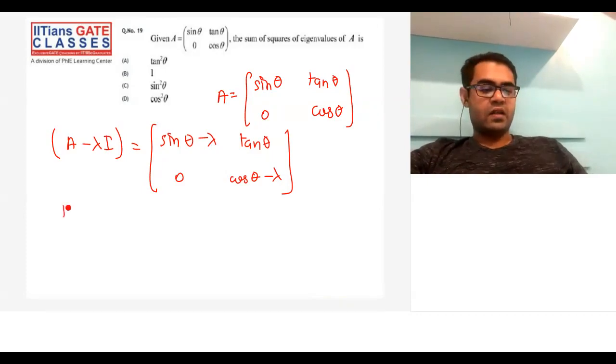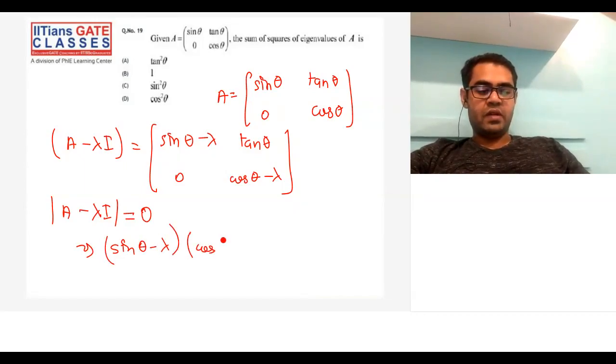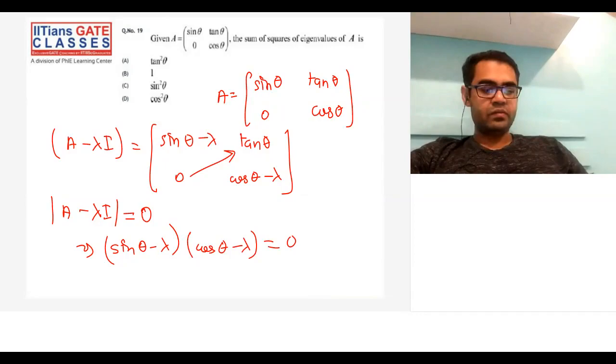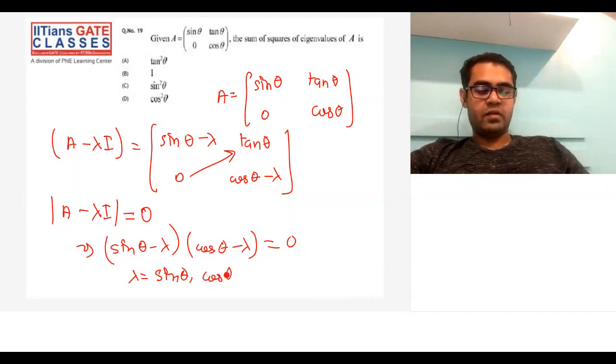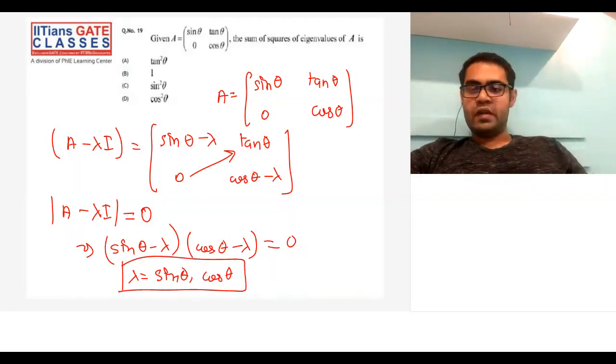Now you calculate the determinant to find the eigenvalues, or to find the characteristic equation. Calculate the determinant, put it equal to 0. The determinant will be sine theta minus lambda into cos theta minus lambda minus 0 is equal to 0. Correct? Because this into this will be 0. So your two eigenvalues are nothing but sine theta, cos theta. Alright, I've got my two eigenvalues.